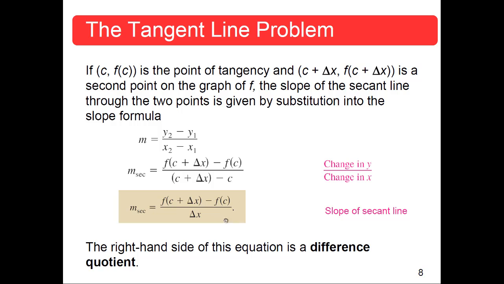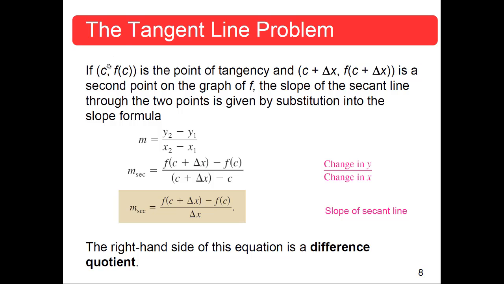So again, let's just reiterate where this comes from. This is just a point. c plus delta x, that's an x value. f of c plus delta x, that's a y value. Here, c is an x value, f of c is a y value.